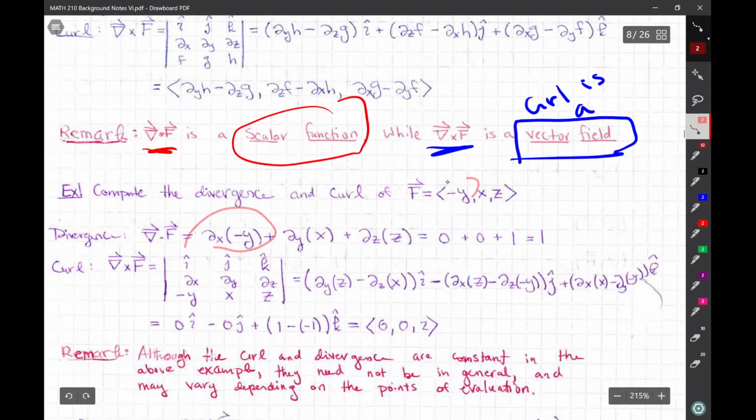So we have minus y for that, partial y, partial x, and partial z. And you get, for the divergence, the scalar function. This actually depends on x, y, and z, but trivially, because they're not in the expression, it's equal to 1.